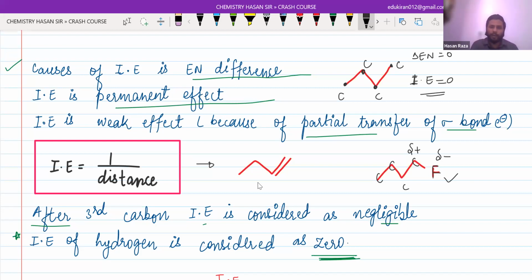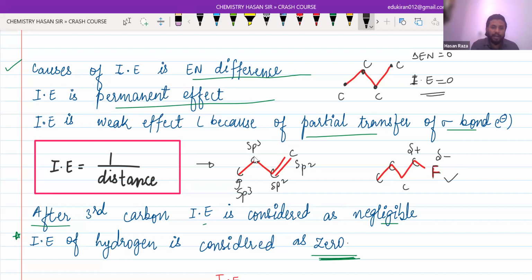See what will happen. Carbon is here, carbon is here, carbon is here, carbon is here. These are all carbon, but you shouldn't think that since all are carbon, they will have the same electronegativity and inductive effect is not taking place. You can see this is your sp3, this is your sp3, and this is your sp2, this is your sp2.